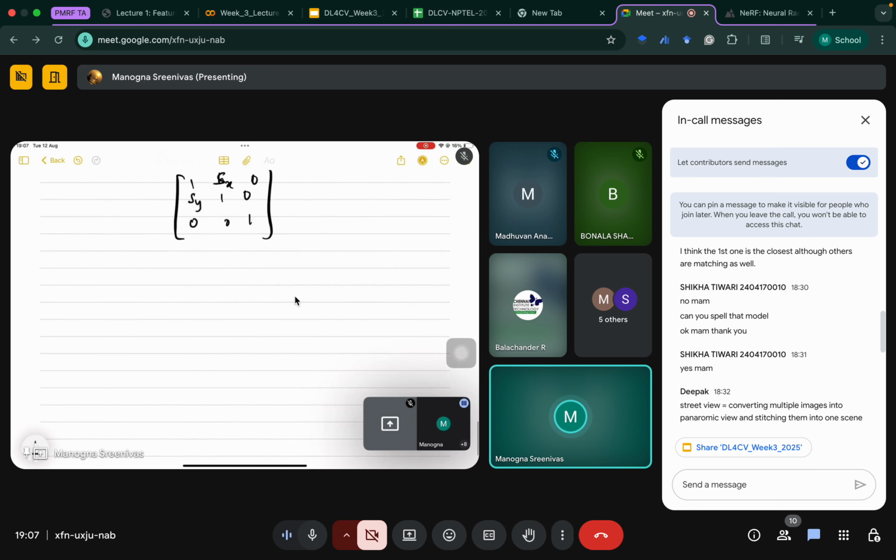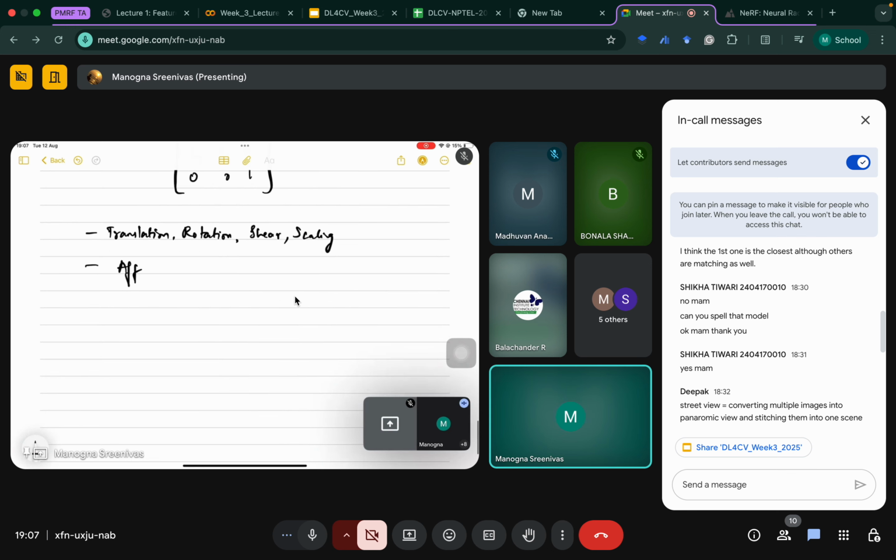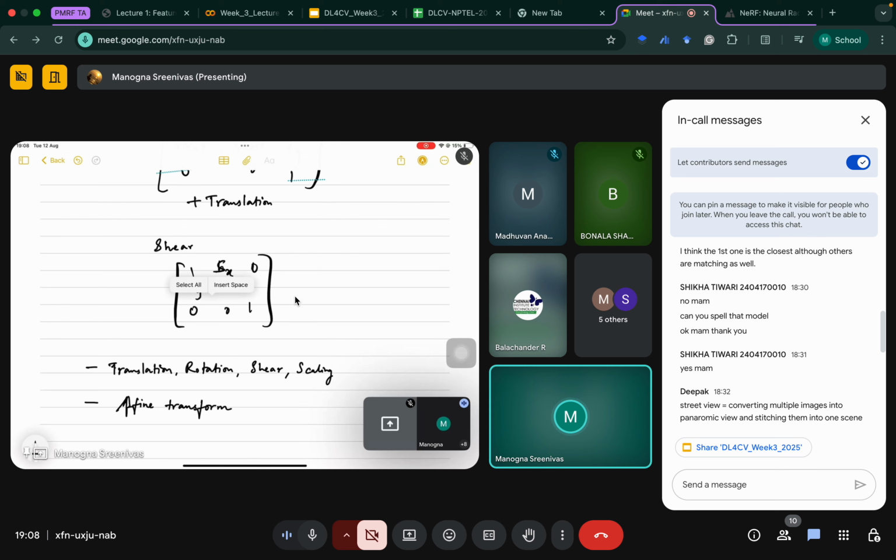Anyway, so all these geometric transforms like translation, rotation, shear, scaling are called affine transforms. And for any affine transform, even if we don't know what exactly the transform means, I'm defining this as the rotation and these are the matrices, right?